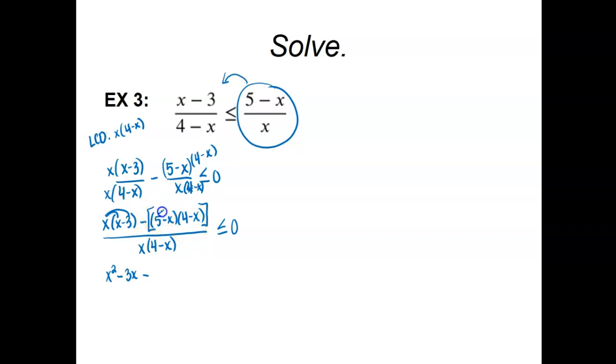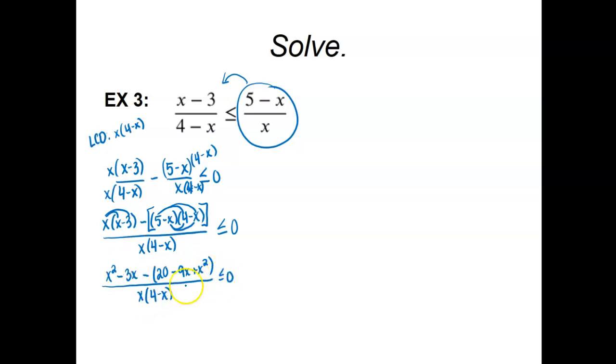And so 5 times 4 is going to give you 20, and then you'll have a minus 5x and a minus 4x when you do those inner and outer terms. That's going to give you a minus 9x, and then negative x times negative x is positive x squared, all over x times (4 minus x).